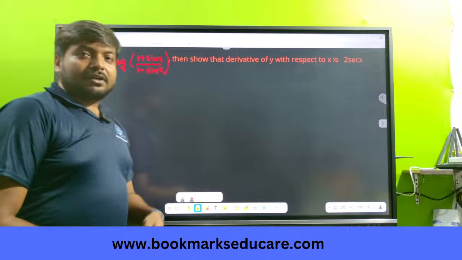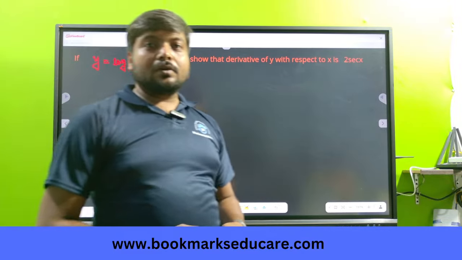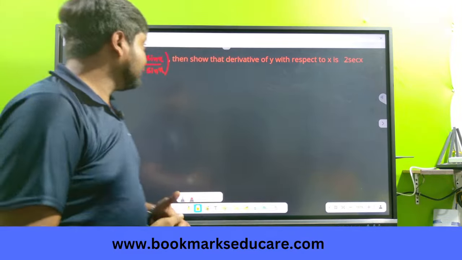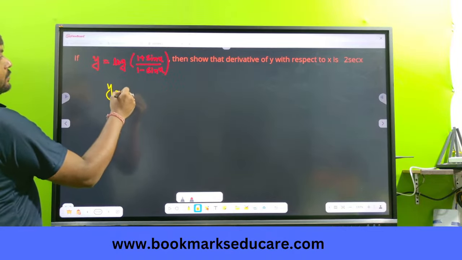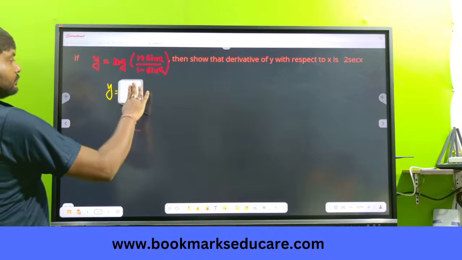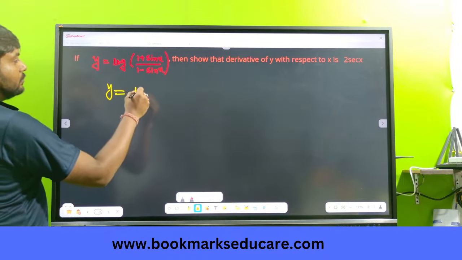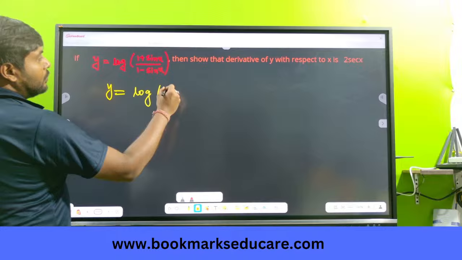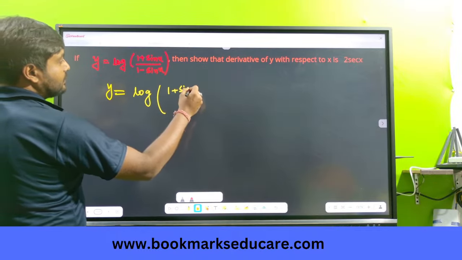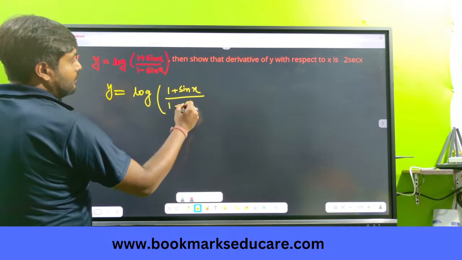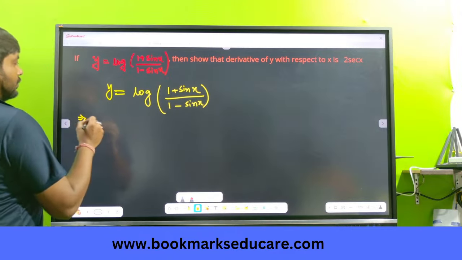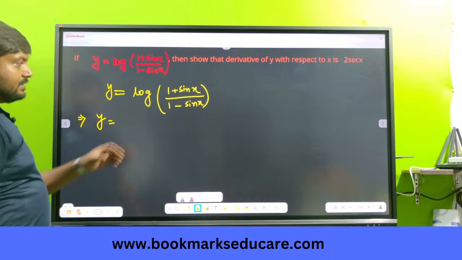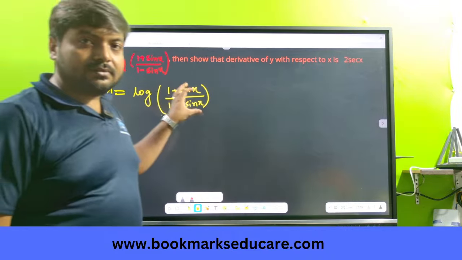This is a logarithmic function, and we will do logarithmic differentiation. So the function is y equals log of (1 plus sin x) by (1 minus sin x). Let's first modify this portion.